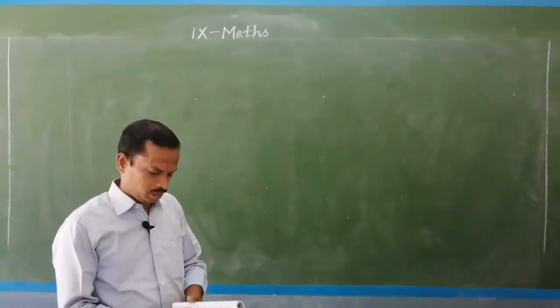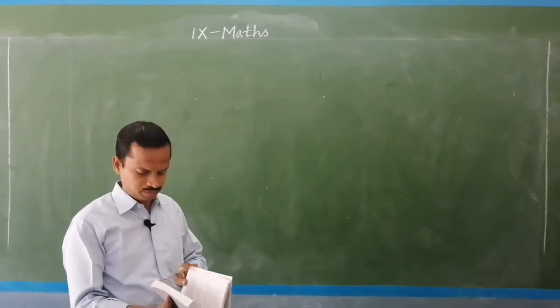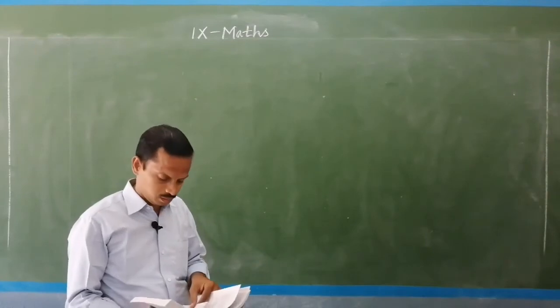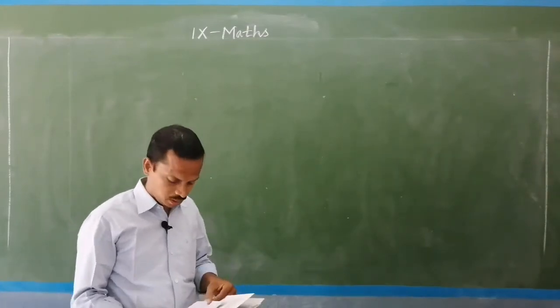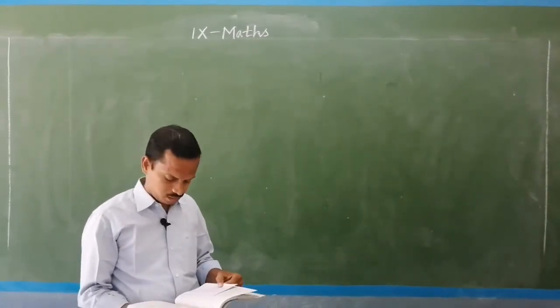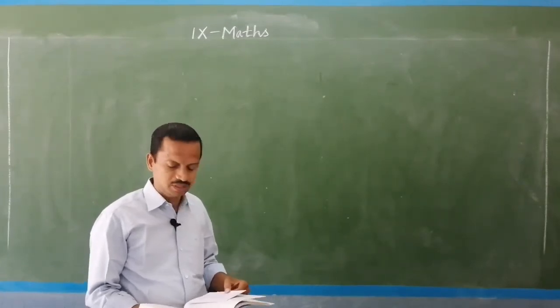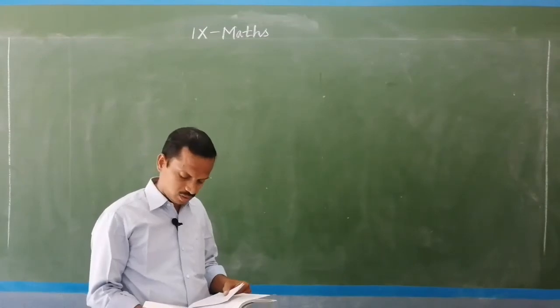And now the last point of the summary points. First of all, you take all those points after writing the chapter name, and the 8th point is nothing but every point on the graph of a linear equation in two variables is a solution.